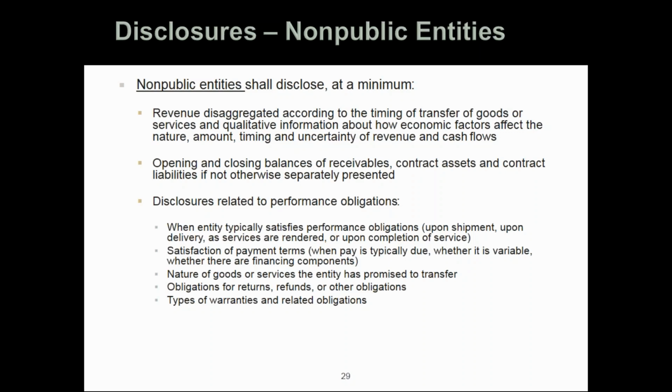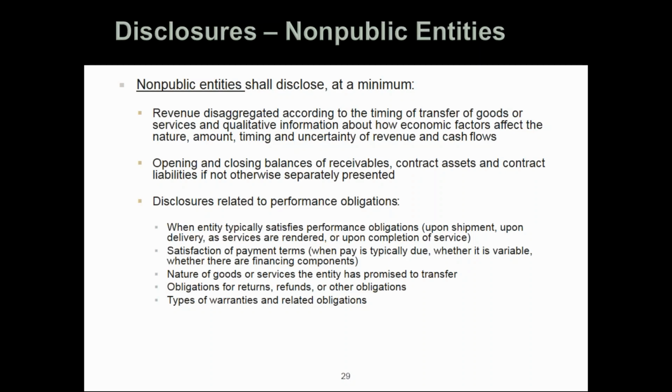And non-public entities, at a minimum, are going to have to disclose revenue disaggregated according to the timing of the transfer of goods or services, and qualitative information about how economic factors affect the nature, amount, timing, and uncertainty of the revenue and the cash flows.